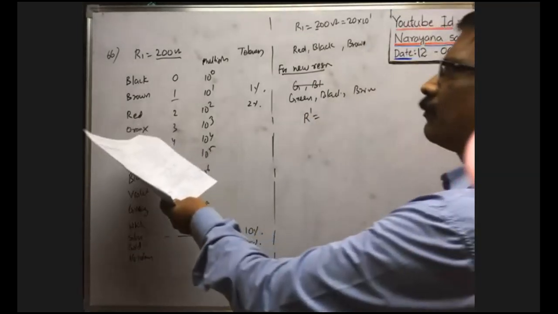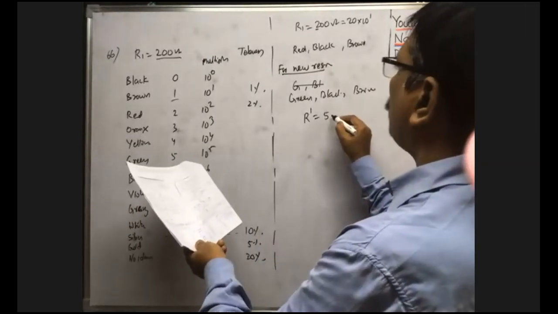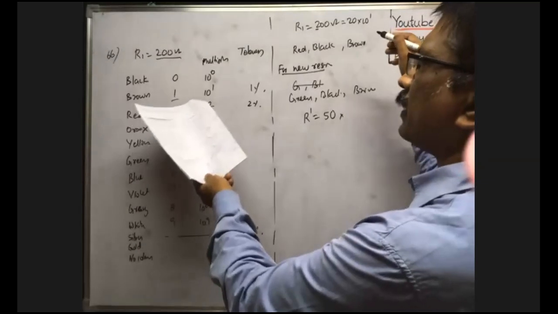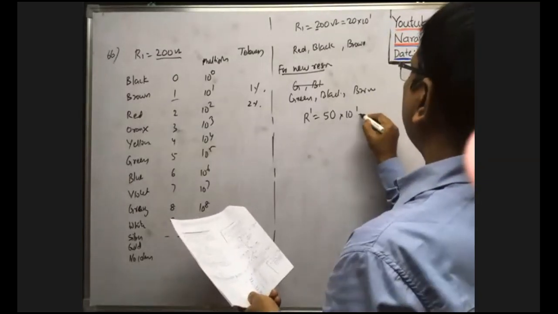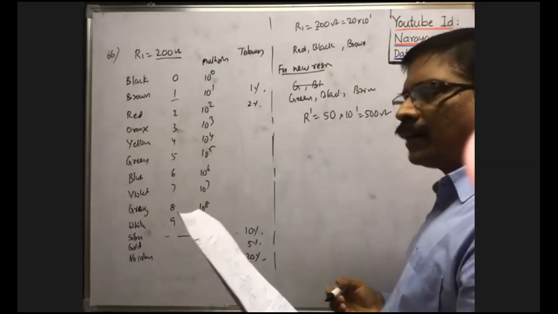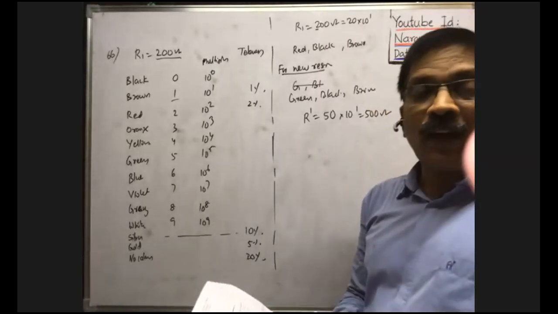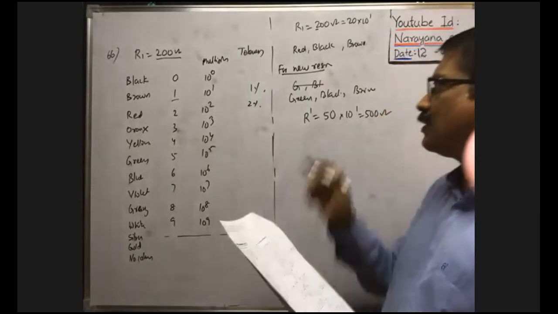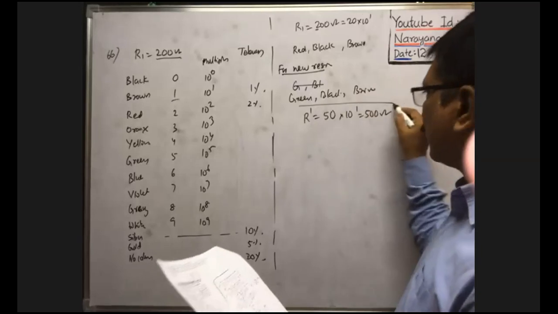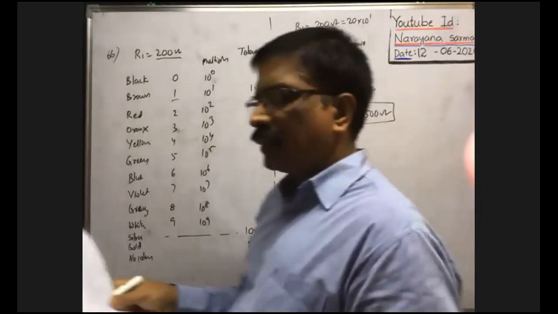Green means 5, black means 0, into brown means power of 10, that means 10 to the power of 1. That is equal to 500 ohm, no? 500 ohm only. Okay, the answer is given like this only. If any tolerance is also given, then plus or minus tolerance we have to write. But by this only we are getting the answer. So this is the answer.